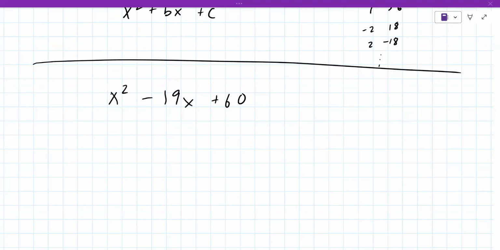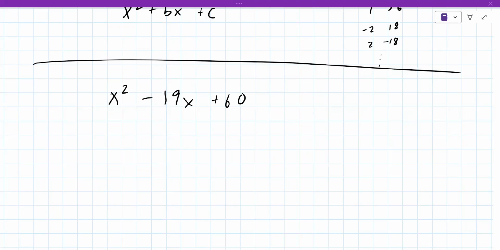So there's 60 and 1. Negative 1 and 60. There's negative 2 and 30. 2 times negative 30. 3 and negative 20.